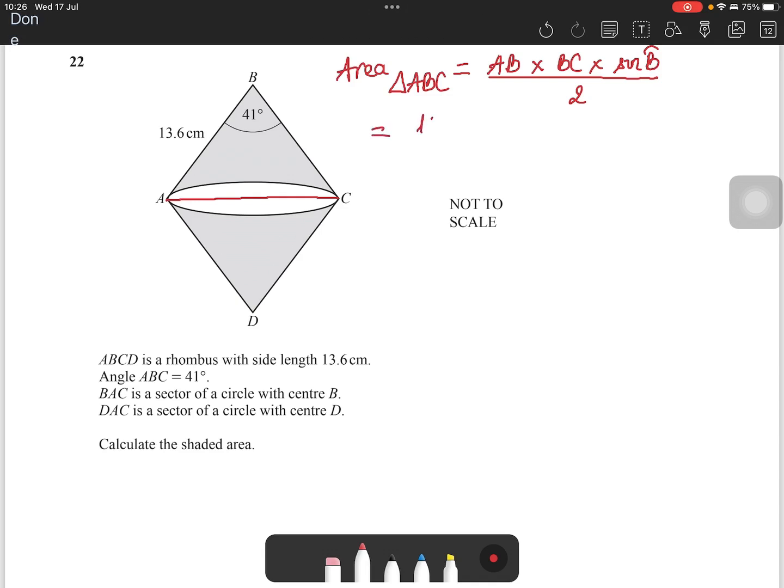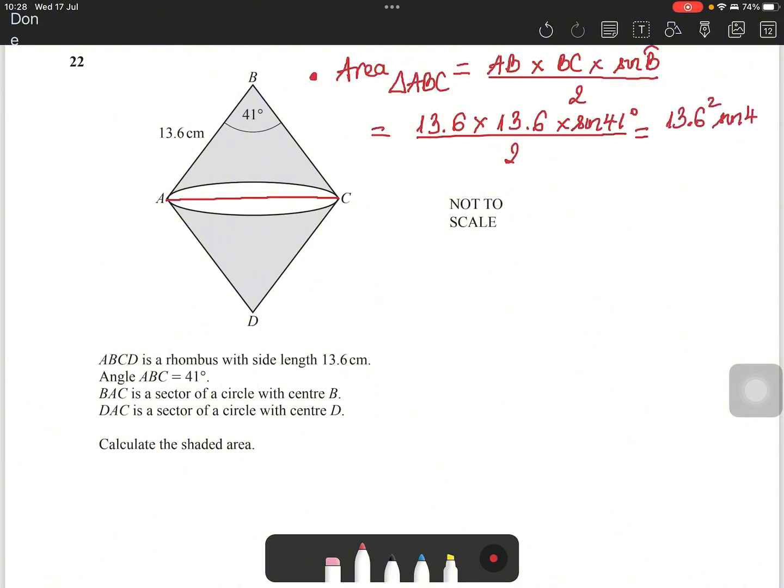AB is 13.6. BC is the same because it is a rhombus. And B is 41 degrees. Now we divide everything by 2. And I'll write this as 13.6 squared sin 41 degrees over 2.